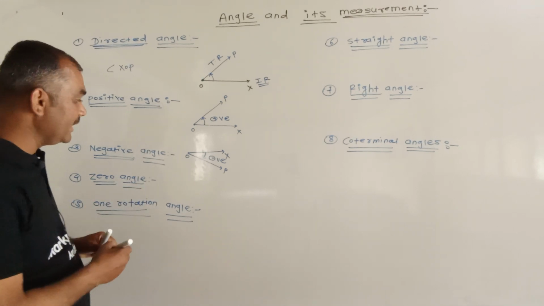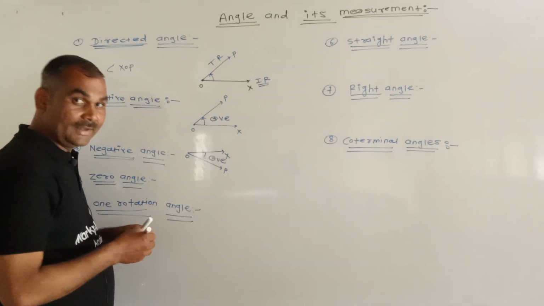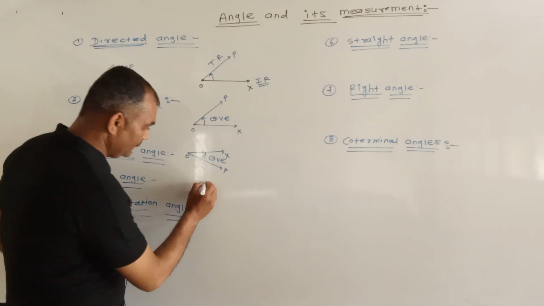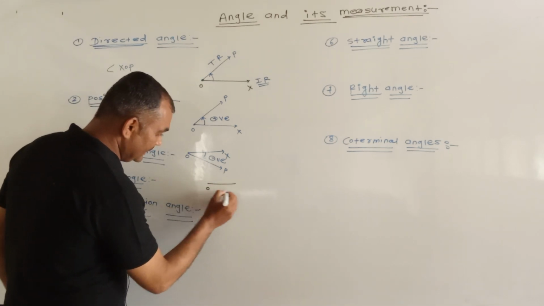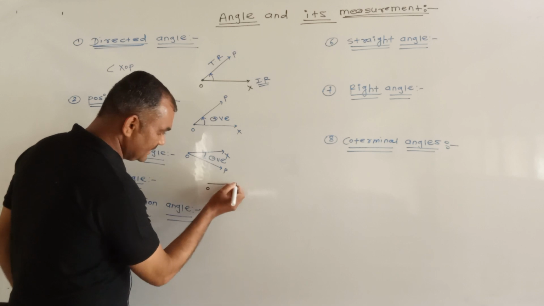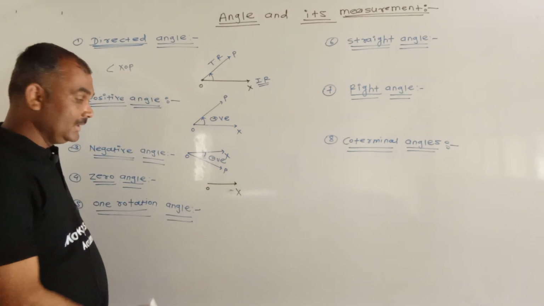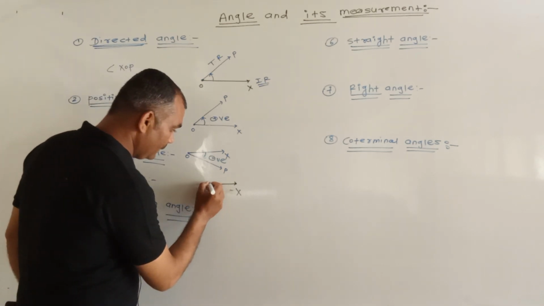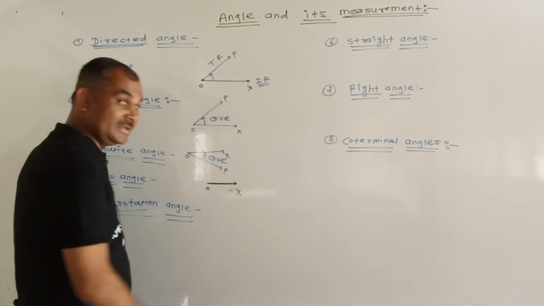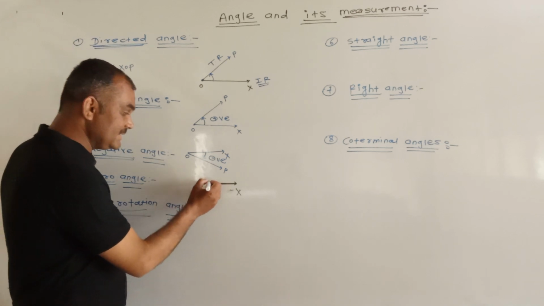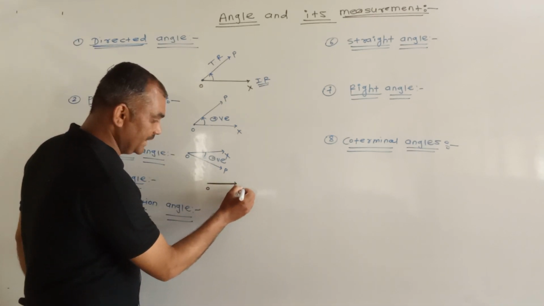Then after that the definition is zero angle. So what is a zero angle? Suppose OX is your initial ray, and we rotate this ray, and after rotation we get the same position, that is OP.